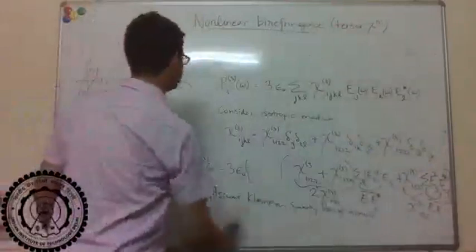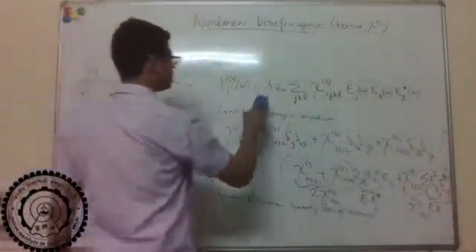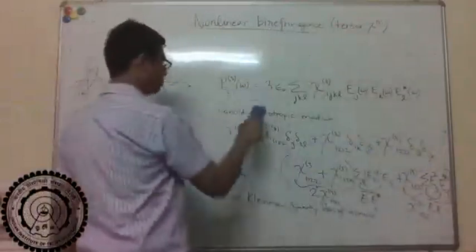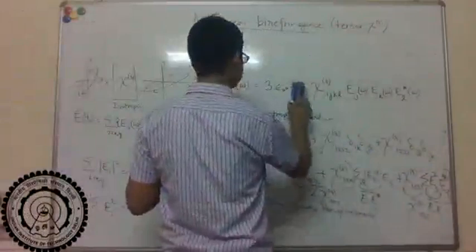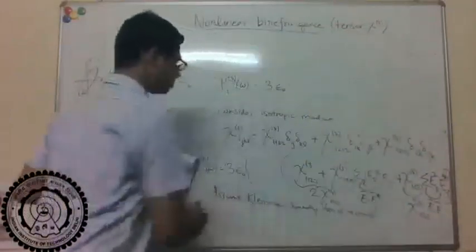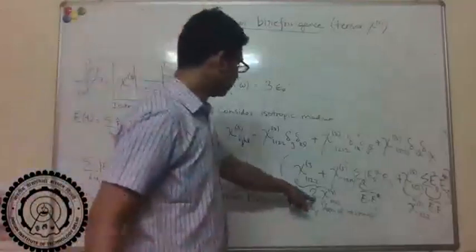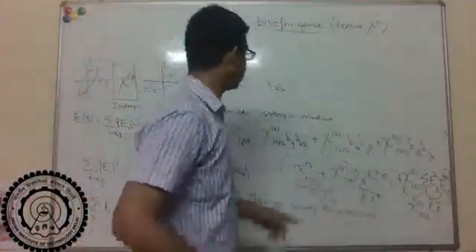Okay, so that means I can just write my nonlinear polarization as, so the first term is 2 times chi 31122 E dot E star.